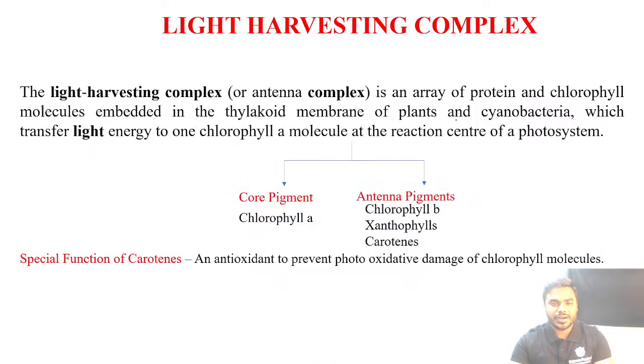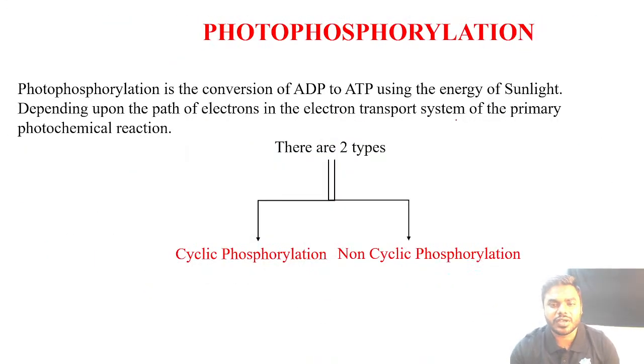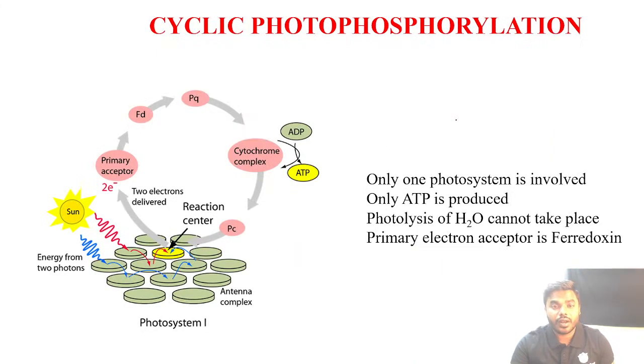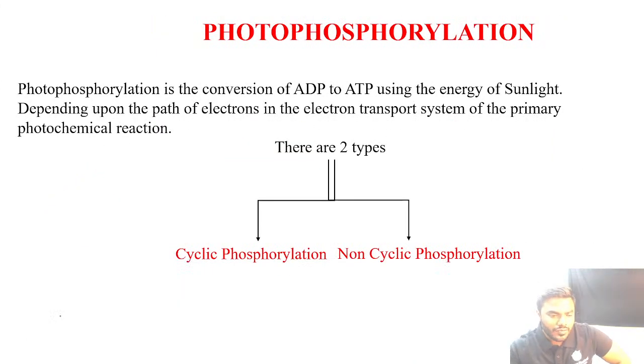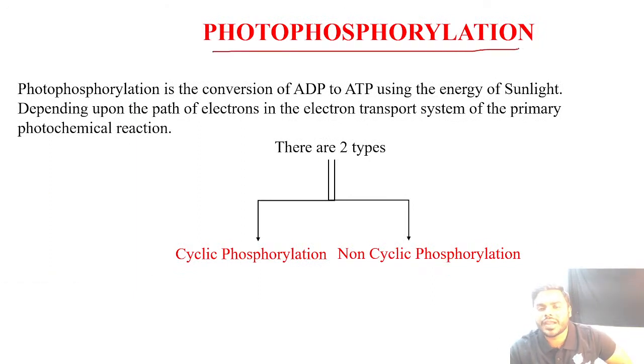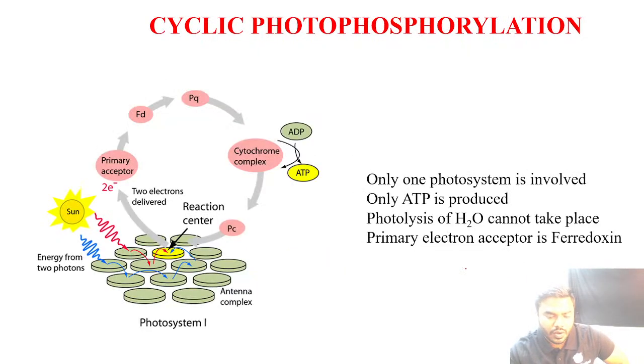Later, we started reading about the light harvesting complexes of two types of photosystems. Then we started studying photophosphorylation. There are two types of photophosphorylation we studied: cyclic photophosphorylation and non-cyclic photophosphorylation.